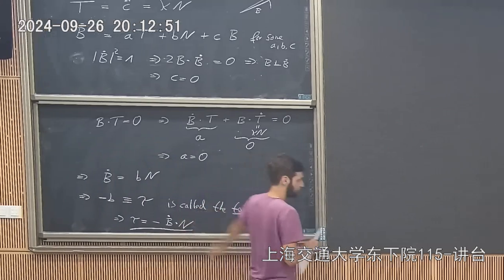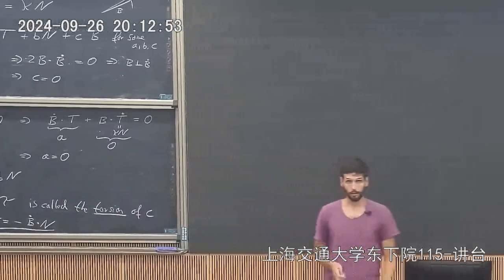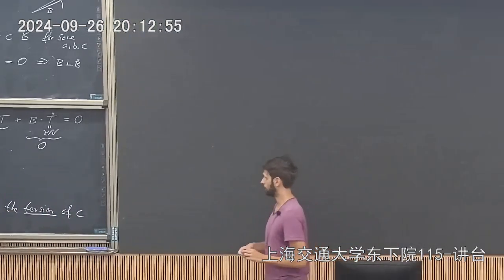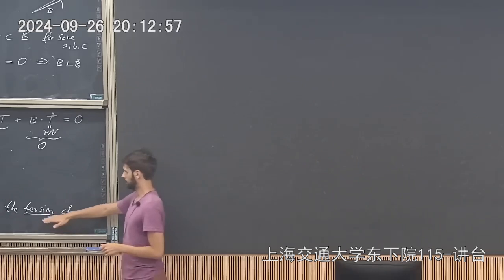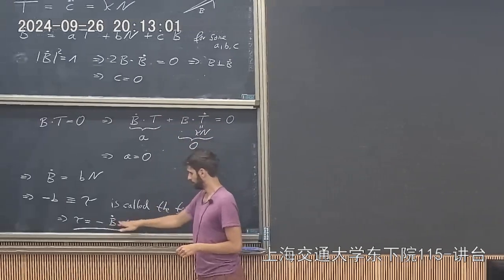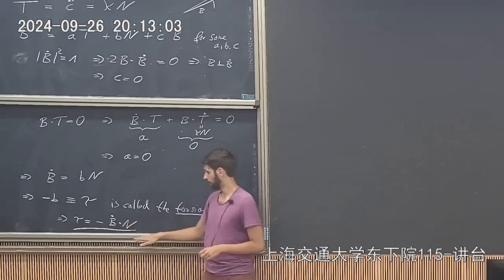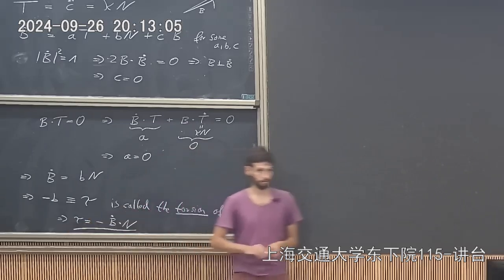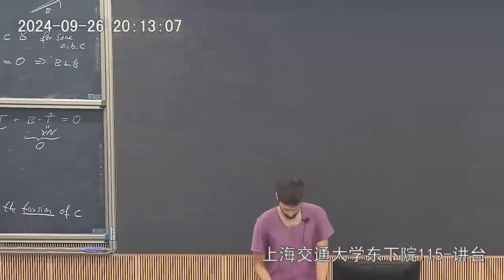That's how you calculate the torsion. So if I ask you, please calculate the torsion of a curve, what you do is you calculate B, T, and N, take the derivative of B, and then take the inner product with N, and you get a number, and that one is the torsion.